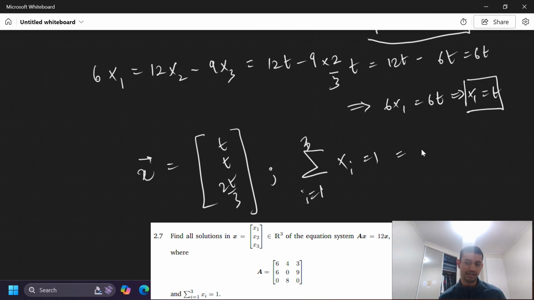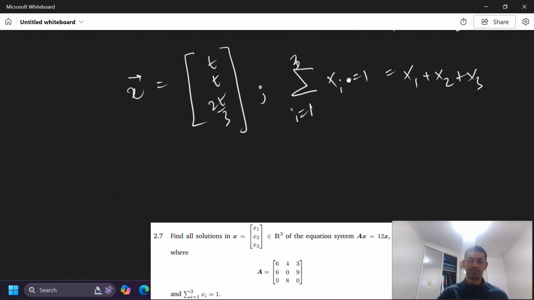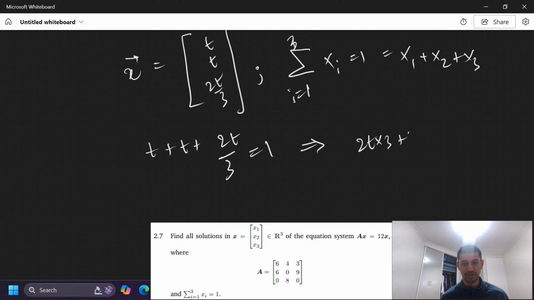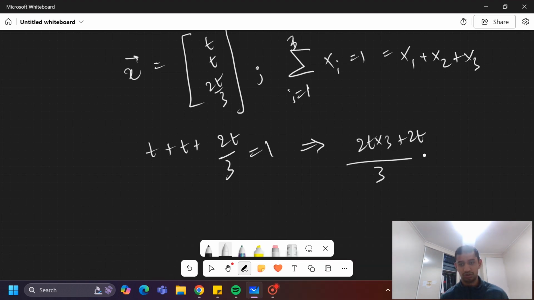This can be expanded more simply to say the sum of the 3 values of this is 1. If you do this, you can get the actual values. So you can go t plus t plus 2t over 3 is equal to 1, which is the same as 2t times 3 plus 2t over 3 is equal to 1, which is 8t is equal to 3, and t is equal to 3 over 8.